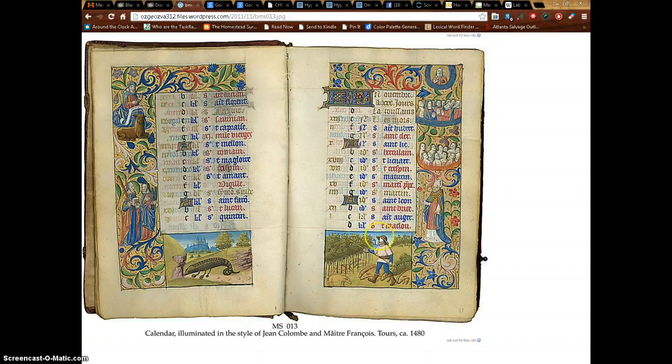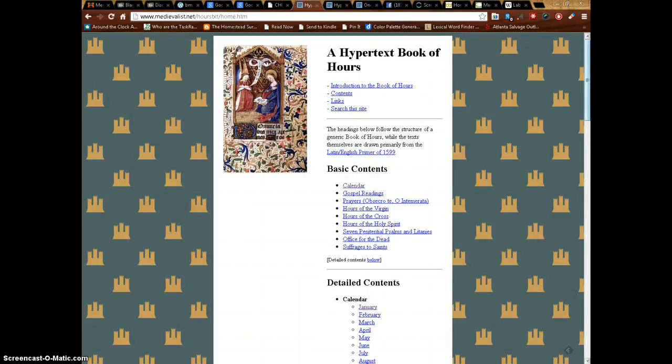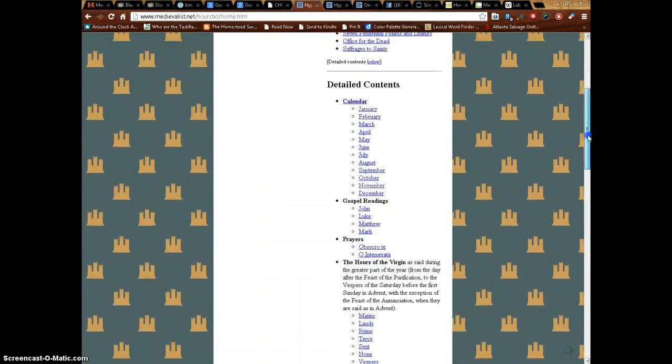So now I'm going to see if I can recognize any of these names. And since this is a French book, it may or may not correspond with some of the hypertext. But I'm going to come over and take a look at the hypertext book of hours and move down to the table of contents, since I know that this is November, and I'm going to see if it is.